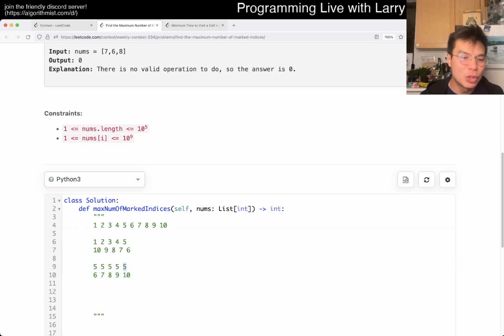If we remove the two biggest numbers, and assuming that we can, by marking them, where one is double the other as per the problem description, then you could match them, and you can make the argument that every other exchange is going to be worse if you don't do this, right? You can kind of use the exchange argument.